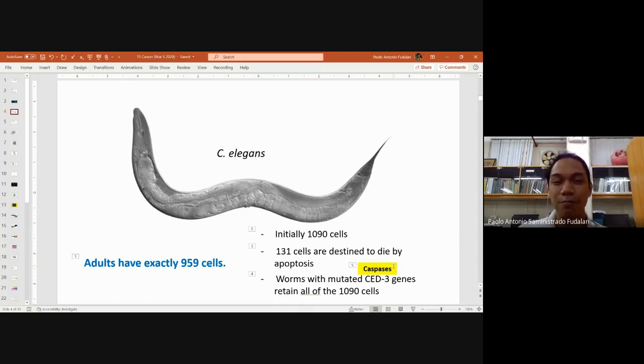This is very important. When we talk about programmed cell death or apoptosis, the enzymes that should come to your mind are the caspases. When caspases are being discussed, it is about apoptosis.